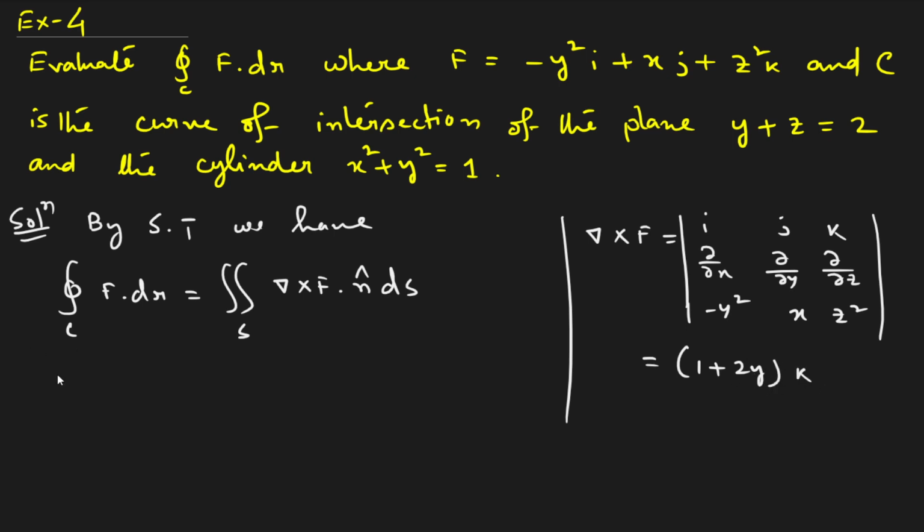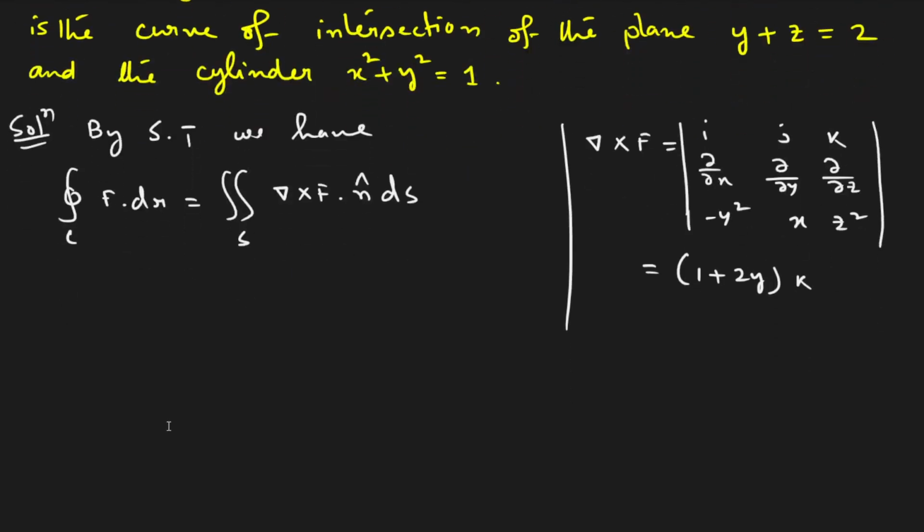But here, since this is not 0, we have to find the value of n cap. So for n cap, what to find? We have to find del f. So our f is how much? F is this plane, no? This is the plane. The curve is the intersection of this plane and the cylinder.